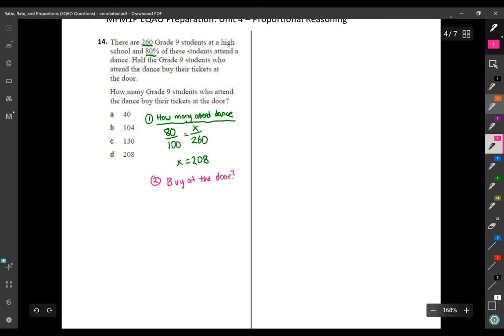Well, it says half, right? Half. So half is 1/2. So I want to know, what is half of 208? Again, I solve for x, and I'm going to get an answer of 104. So that means 104 students buy their tickets at the door.